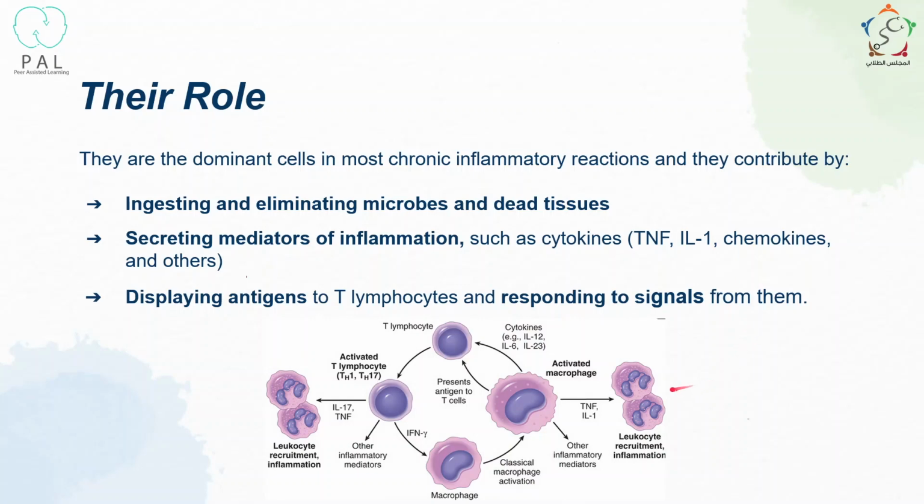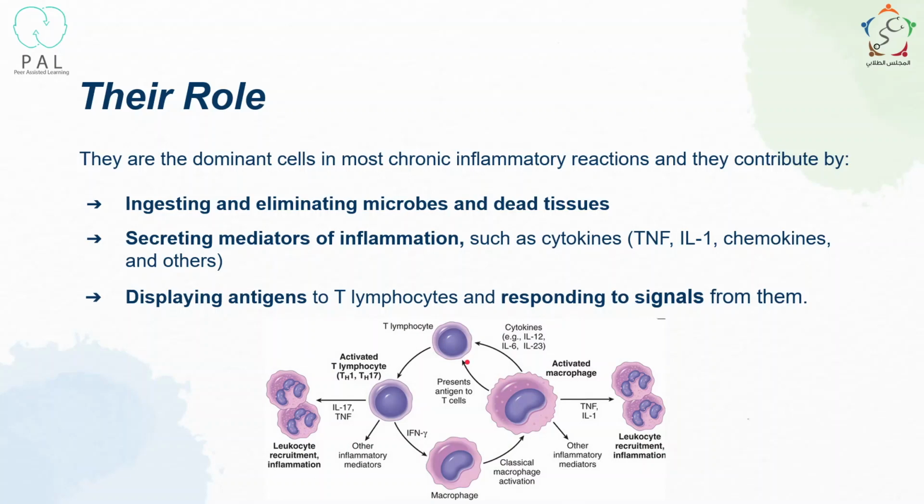Now, this picture might look slightly intimidating, but please bear with me, it's pretty simple. This is the activated macrophage. It has multiple tasks. It can, one, as I just said, engulf microbes and dead tissues. Two, it can display antigens to T lymphocytes, so right here in this process. So the activated macrophage stimulates the T lymphocytes.